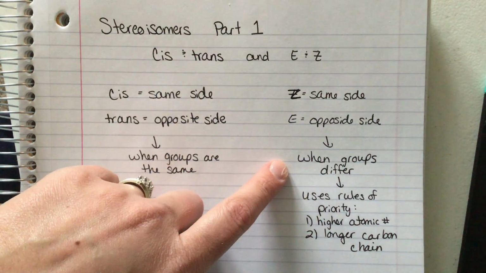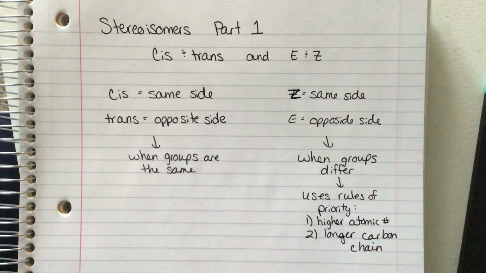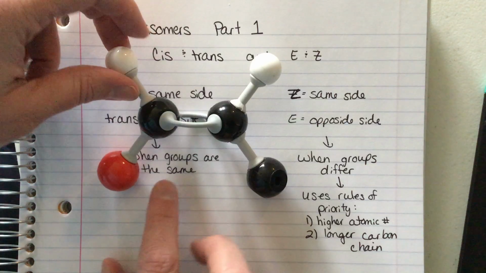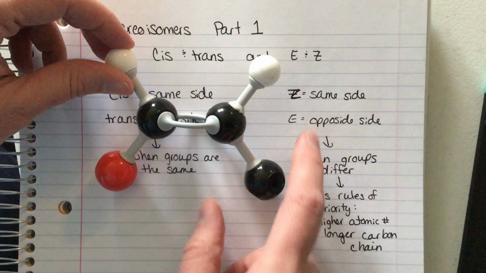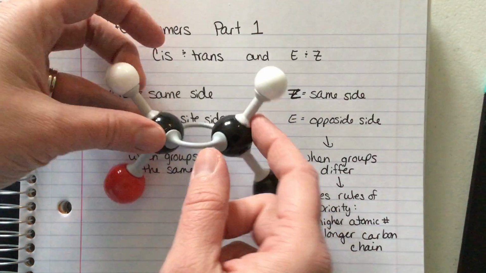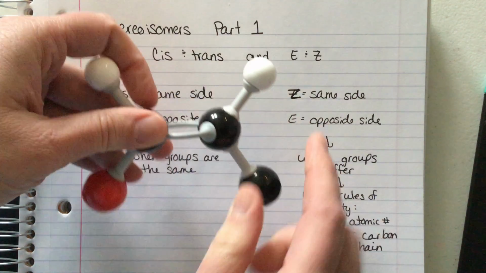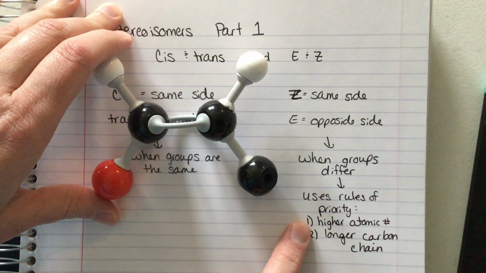So over here, what if they're different groups? So I can have different groups that are bonded to my molecule. And how do I tell if they are on the same side or opposite sides? I have my double bond here, so I can't rotate anything. So when the group differs, I am going to use what are called the rules of priority.